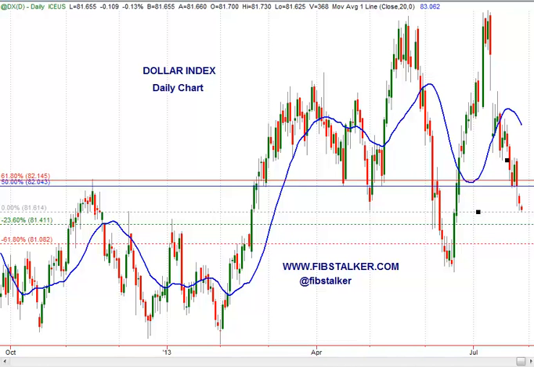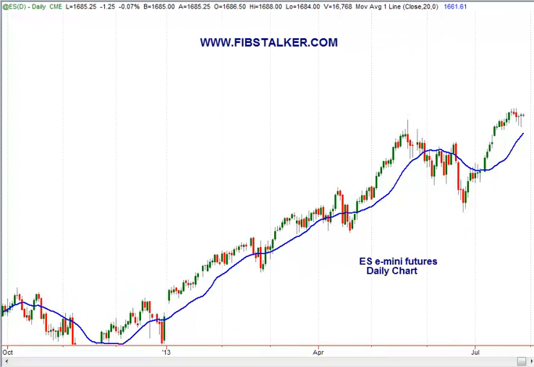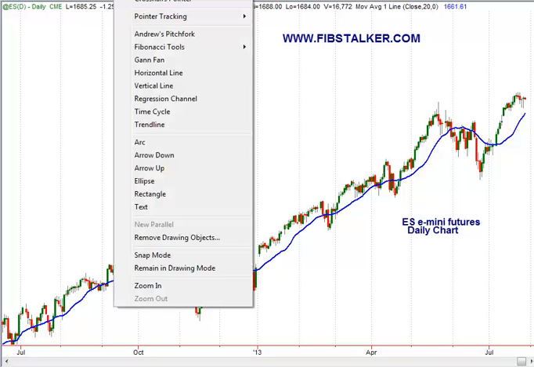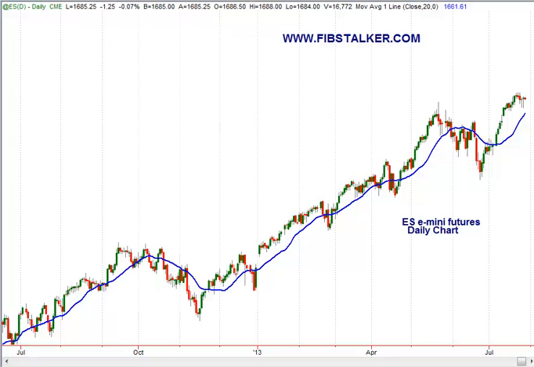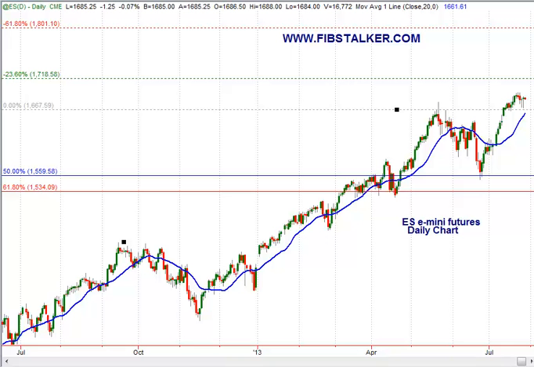Moving to the S&P500, what you see on the screen is the daily chart aligned to the September 2013 expiration. We know that at the moment on the weekly we have a support area, and this support area has found participation in the 1560 level, and we have targets above.